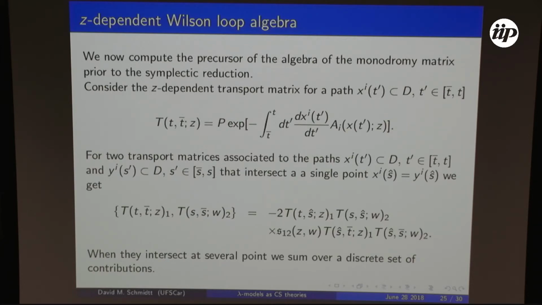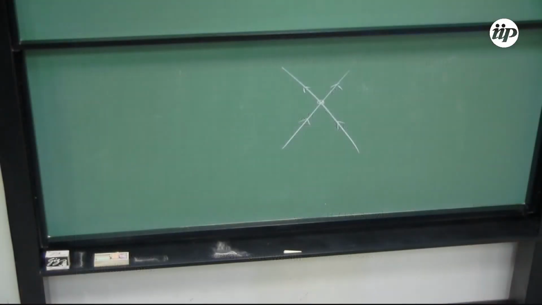You can see how the symmetric part appears in the middle. This is for two curves that intersect at a single point. I mean, I'm computing something like this. It's very easy. So you have this one. It's the only contribution of the Poisson bracket.